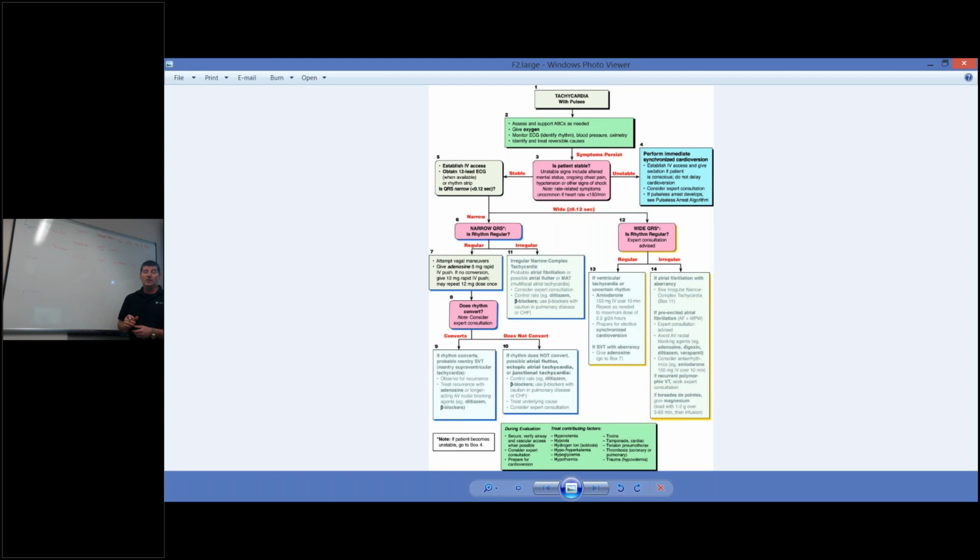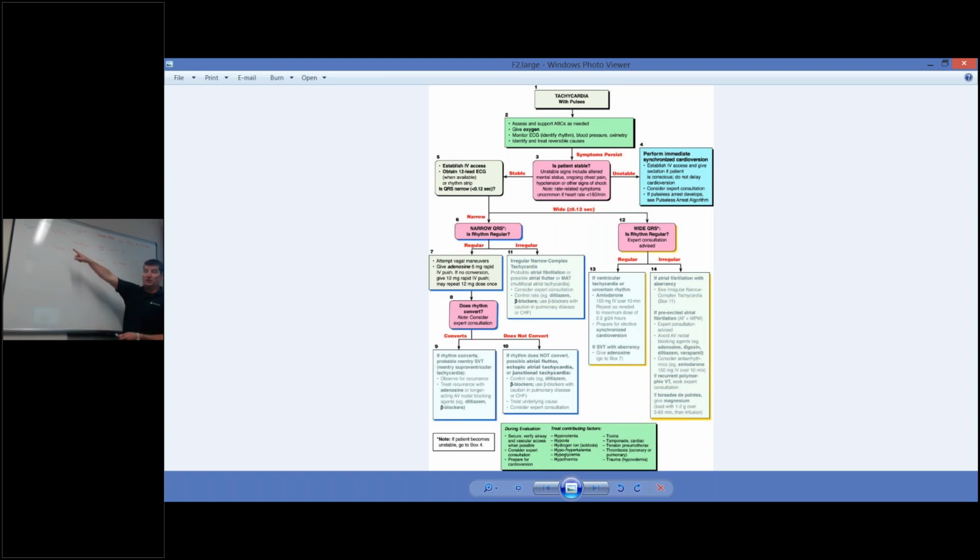What do I use joule-wise? SVT is 50 to 100, VTAC is 100. I'm going to start at 100 joules, and I'm going to use escalating doses of stacked shocks of cardioversion until I get a conversion of rhythm. That's it. The only thing I may do is sedate them to take away some of the pain.